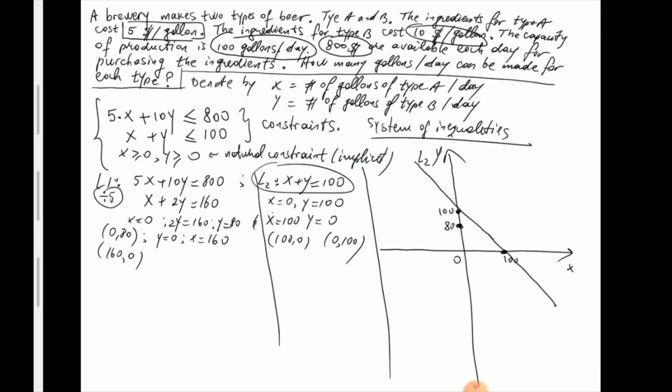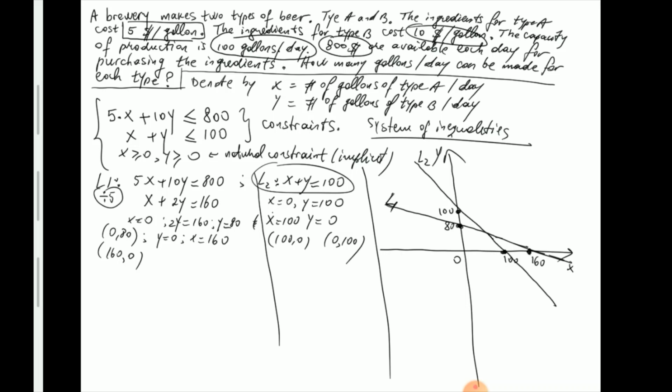So that's 0, 80. And the other point is 160, 0. So 160 should be further to the right of 100. And you can exaggerate how much to the right it is just to get a nicer picture. What's important is to make it to the right of 100, because obviously 160 is greater than 100. And this is now the second line.